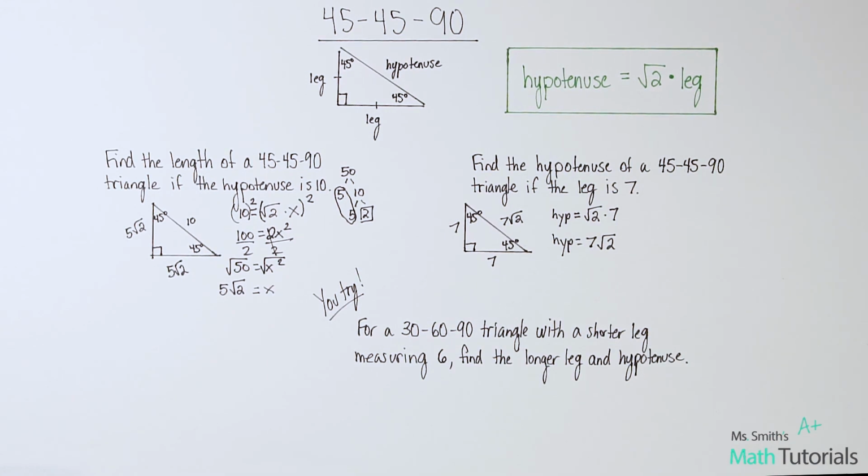You can never, ever, ever assume a right triangle is a 30, 60, 90 or a 45, 45, 90, okay? Only if you're told. That's the only time you can use these shortcuts, okay?